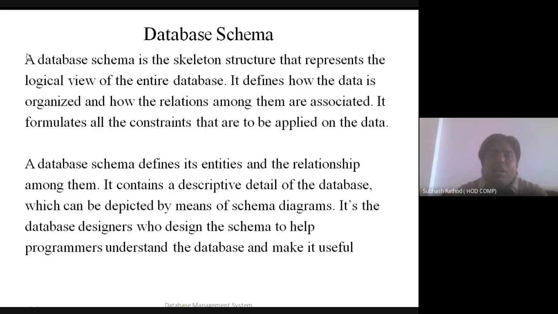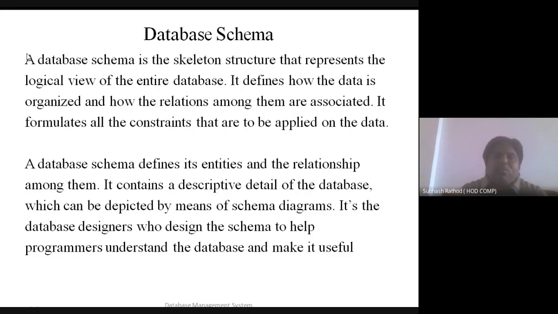It formulates all the constraints that are to be applied on the data. I'm repeating, just remember the words: a schema is a skeleton structure. If it is a DBMS schema, then it is the DBMS structure, and we need to get it ready before implementation.